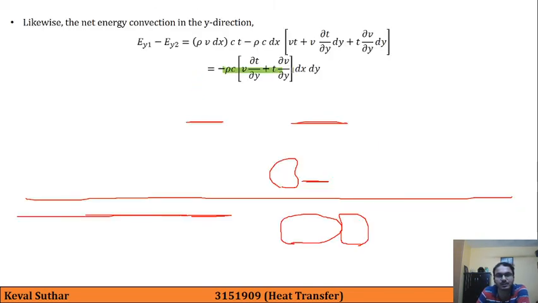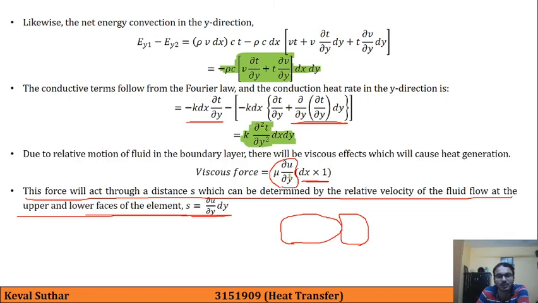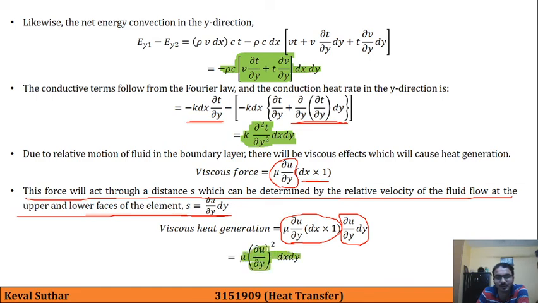Second is energy convection in y direction, this term. Then the conduction in y direction, that is this, then the viscous heat generation given by this. So all these four terms are combined together.